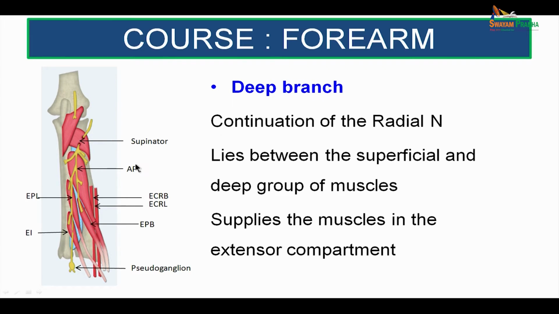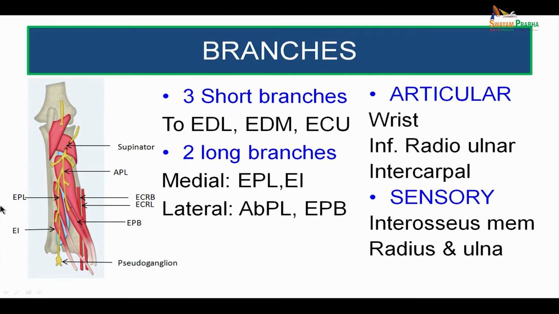Here it lies between the superficial and deep group of muscles and supplies all the muscles in the extensor compartment through various branches, that is the 3 short branches which supply extensor digitorum, extensor digiti minimi and extensor carpi ulnaris. It also gives off 2 long branches.